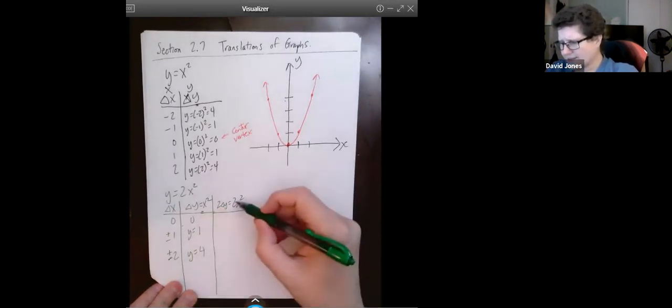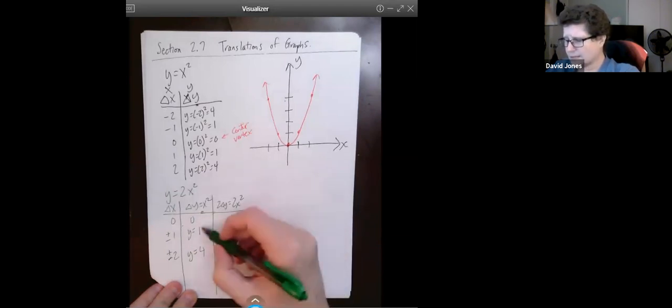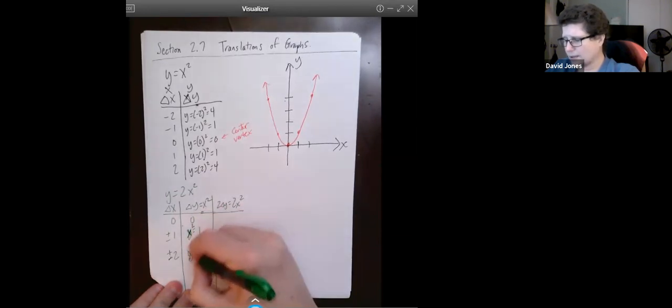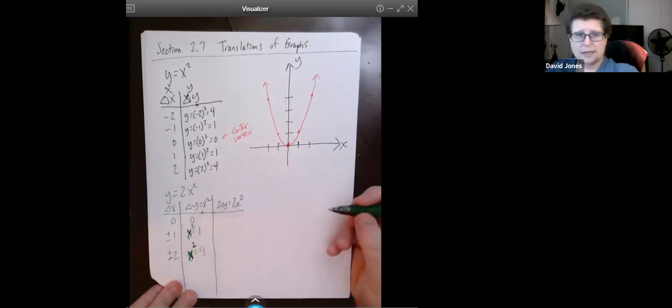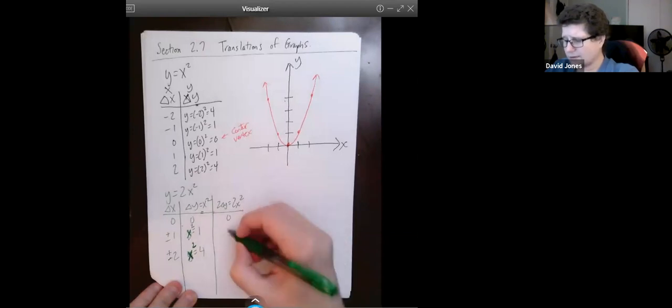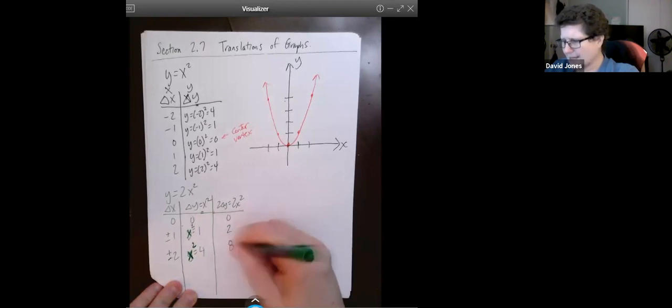But then I have to double it for the 2. So 2 times, this was x squared. This is x squared: it's 1, and 4. I want 2x squared, though. This is still 0. We double this, this is 2. And we double that, and that's 8.